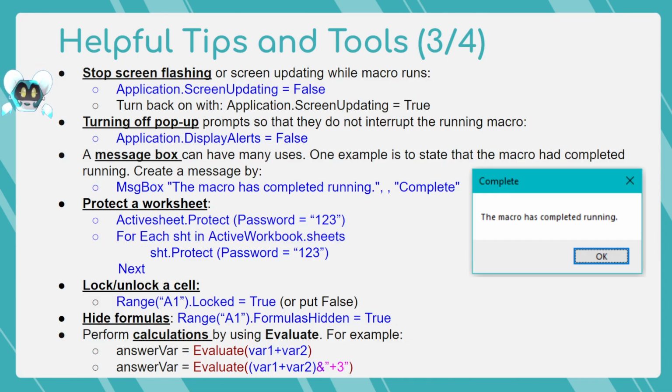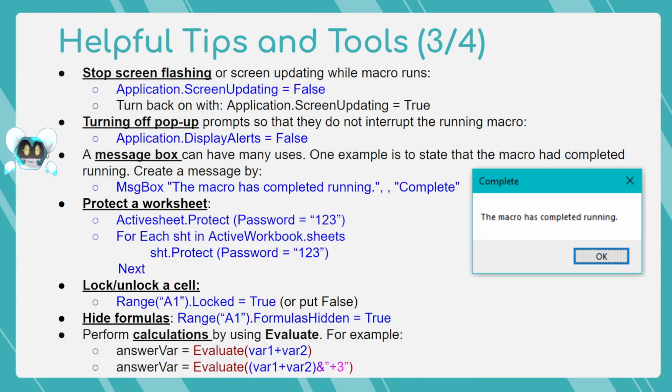So you can turn that off by saying application.screenupdating equals false. You can turn off pop-ups with a similar message using display alerts equals false. And at the end of your macro, you can type in those exact same bits of code, but just say equals true, just to turn it back on.